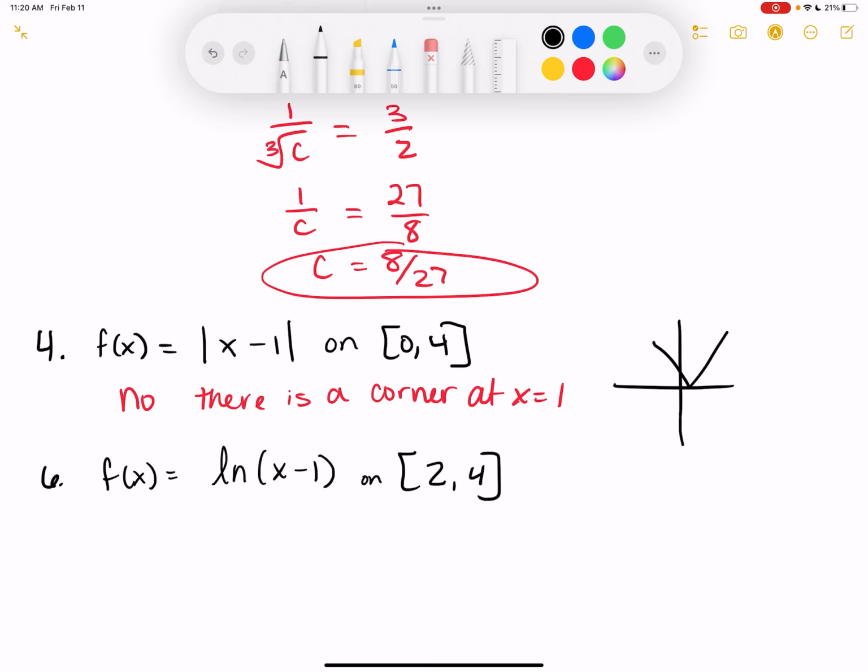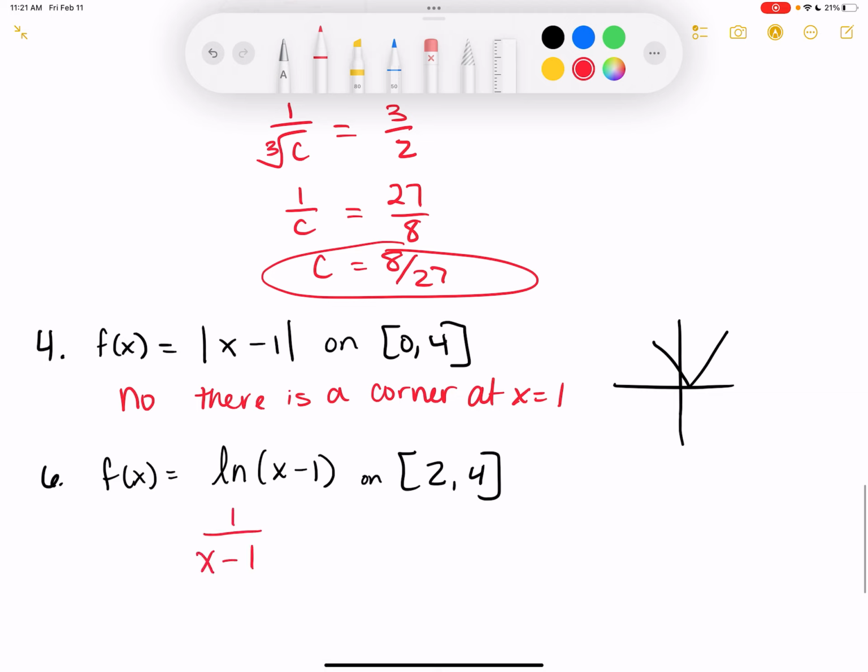So first of all, what is the derivative of the ln of x minus 1? 1 over x minus 1.